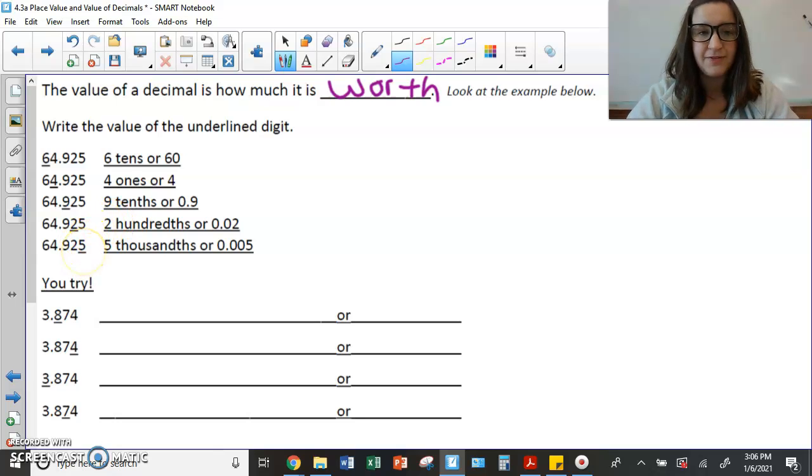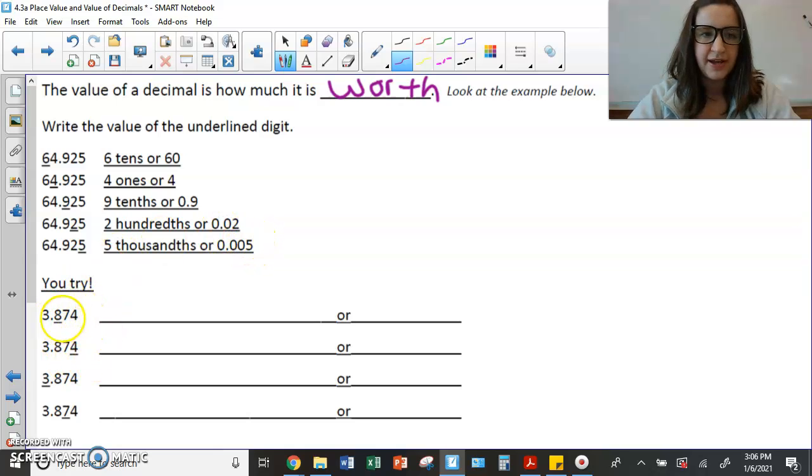You do the same thing for the 5 that's in this thousandths place. You would write the value numerically by putting your decimal point right there and then putting your zeros to hold the place value of the tenths and the hundredths place and put your 5 in the thousandths place.